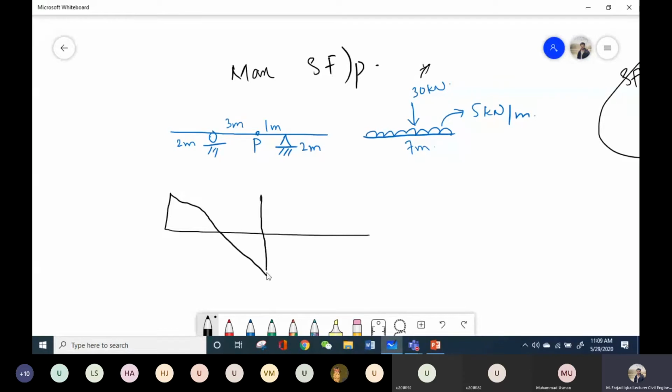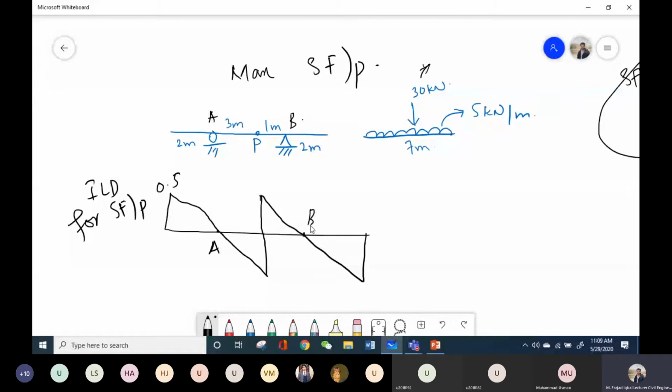This is my point P. So this was the ILD for shear force at point P. This ordinate was 0.5. Let's say this is point A, this is point B, and this is the free end. This distance is 2 meter, this distance is 3 meter, this is 1 meter, and the heights are 0.25, 0.75, and 0.5. So now we have the shape of ILD, and we have two moving loads.